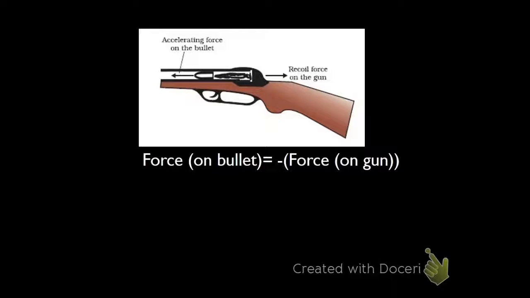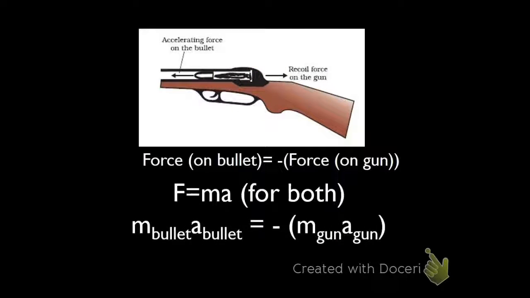However, because the bullet is such a small mass, that force accelerates the bullet greatly, whereas the force of the bullet on the gun has a much smaller effect, but there is recoil in the gun, which is that reaction force acting on the gun. And so both objects have an equal force acting on them, but different mass, which causes different acceleration.